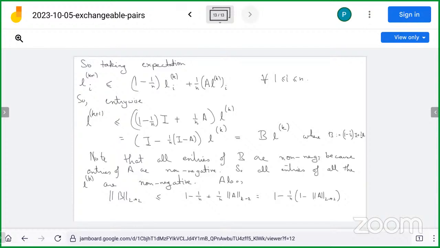In fact, we won't need that. Just take any unit vector U and compare the norm of BU versus the norm of 1 over n I plus 1 over n A times U. It's not clear it's equal, since the singular values may not match up, but at least it's less than this, and that is the only side we need. Sorry about that confusion.